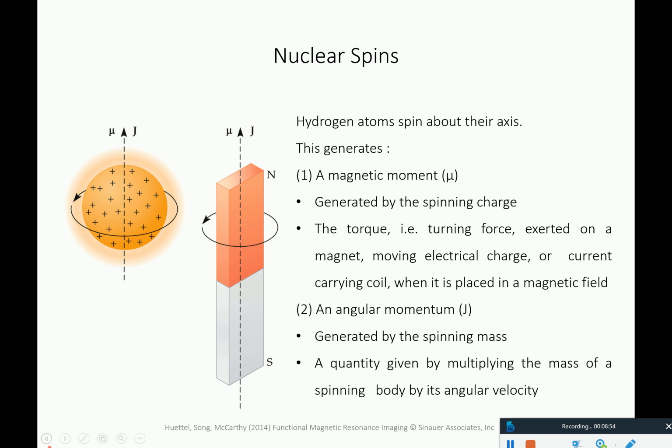I think you've all seen Newton's law, F equals m times a. A torque is something like a force, but a turning force. And what this magnetic moment describes is the force that is exerted on such a thing when it's put into a magnetic field.